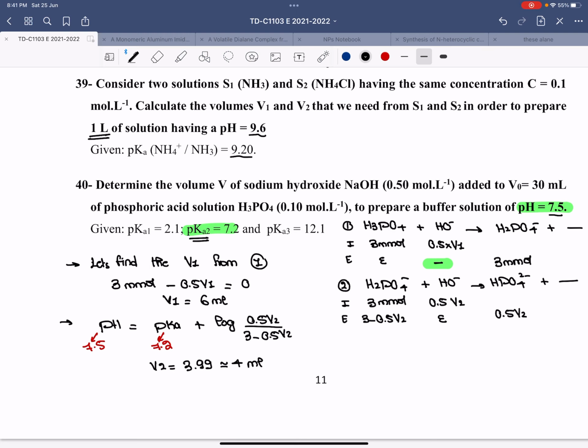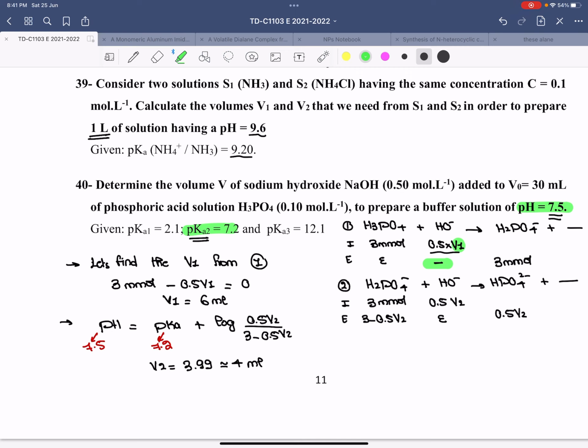To completely neutralize the first reaction, I knew that I have to neutralize the first reaction because according to my pH, I'm stuck in the second couple. This is how I knew I needed to completely neutralize the first reaction. So from the first reaction, the value of HO minus has to completely disappear. In reality, it doesn't because there is a remaining amount. However, I don't use the total volume here. I divided the volume into two volumes: the volume that worked in the first reaction and the volume that worked in the second reaction.